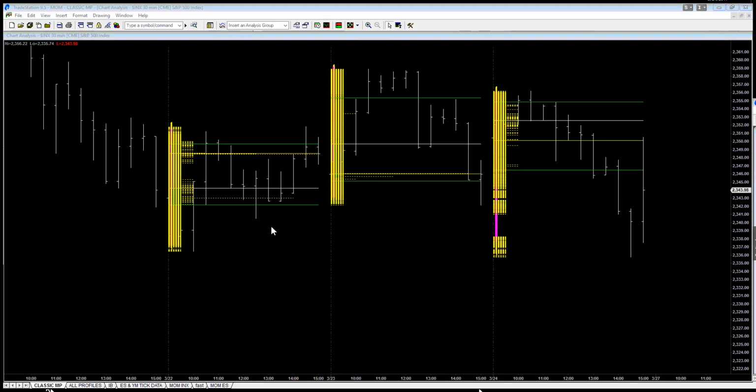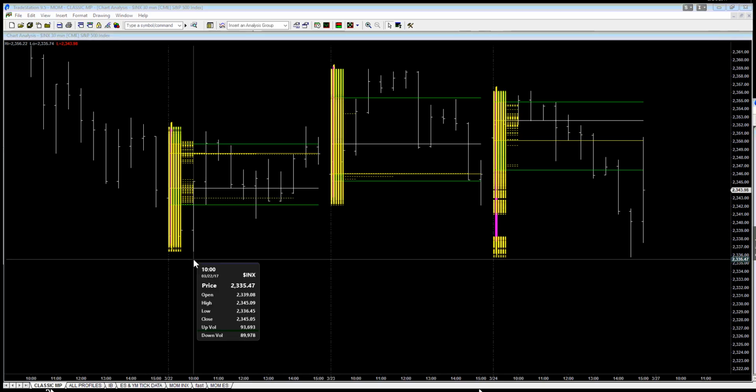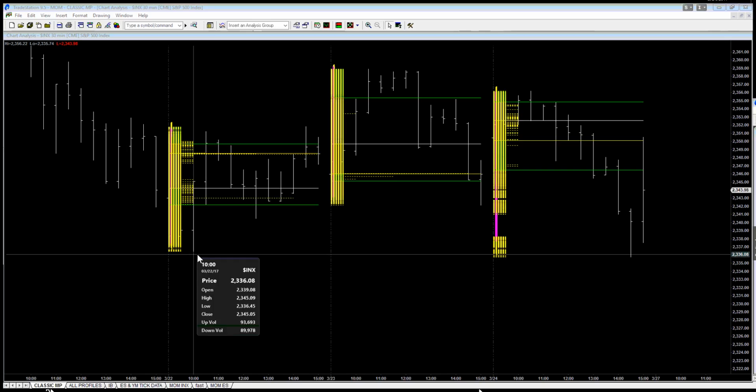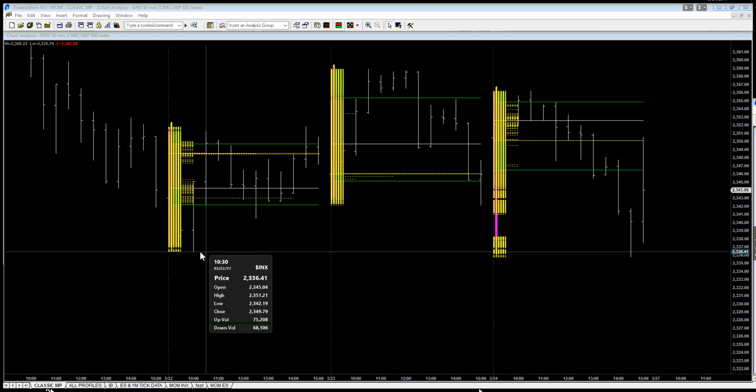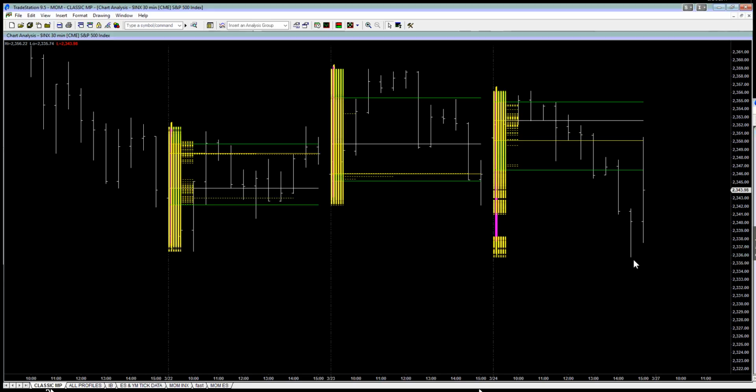Now watch how this becomes relevant. As this market was moving down here, the target is pretty obvious. It's right in here. This is the low of 2 days ago. The low at that time, let's bring it up, 2336.45. Okay? So, when we hit that, ultimately, it moved a little bit lower, about three-quarters of a point on the ES.